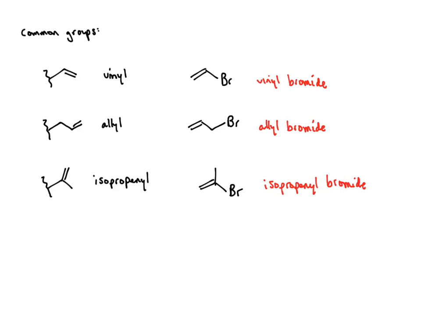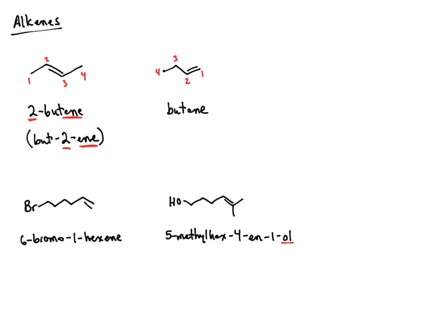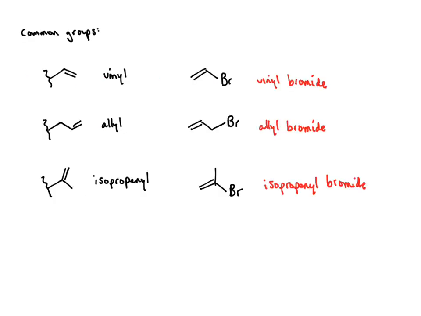Now, how do we name double bonds for IUPAC nomenclature? Well, it's similar to what we just described before, where you have in the examples on the bottom, 6-bromo 1-hexene or 5-methyl hex 4-ene 1-ol. But there's one additional piece of information, and that's when you have multiple groups on either side of an alkene.